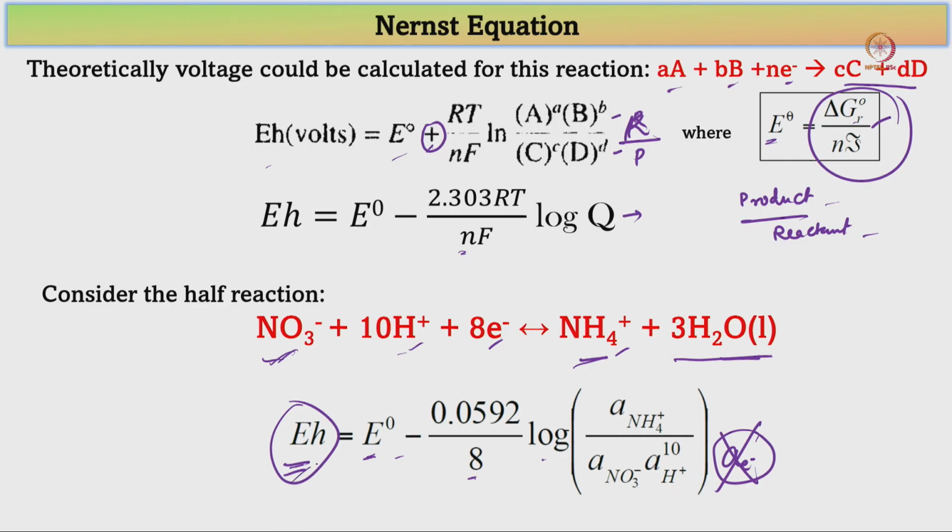When we were writing in terms of PE, we wrote the activity of the electron term with log K, so that we could convert it into PE. But when we are writing in terms of EH, we are not going to write the activity of electron term.